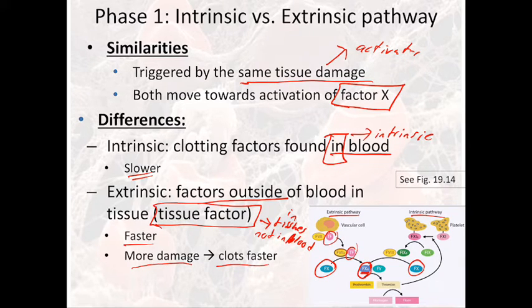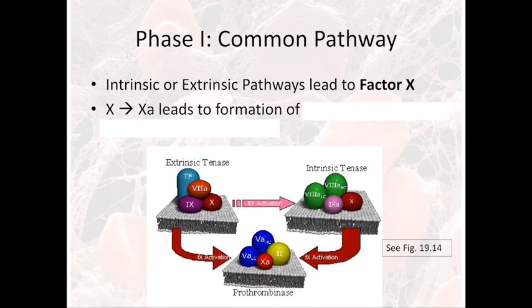That's what the factor 10A means, the 10th clotting protein in its activated form. So those are the two pathways for phase 1, and the end goal is the formation of activated factor 10.